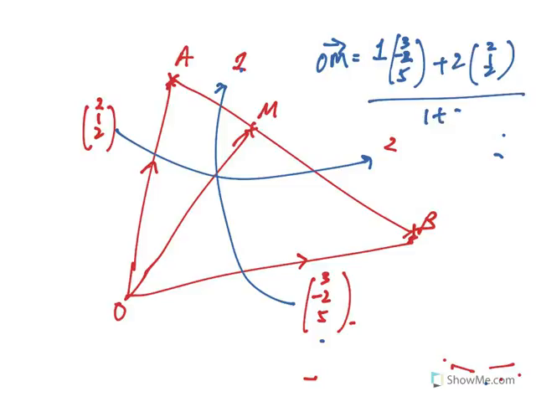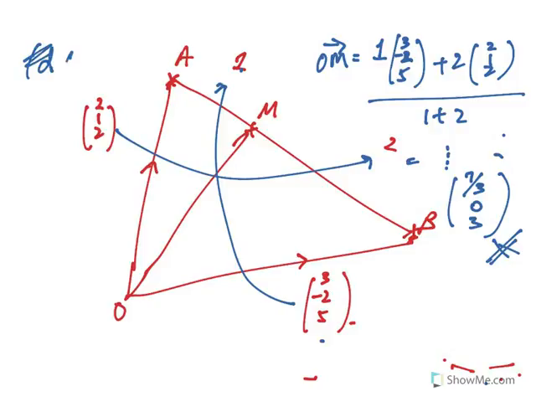You can solve this by yourself, and you will get the answer (7/3, 0, 3). This is the answer for part E of question 1 for your vectors 1 assignment.